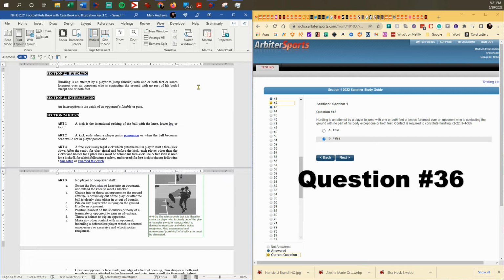The reason that we are emphasizing this call is because it's not being called by a lot of associations, by a lot of crews, because it's a very spectacular play, and people don't want it to be a foul, but it's been proven that it's dangerous. If you watch the preseason video number 1, you'll see a great hurdle.